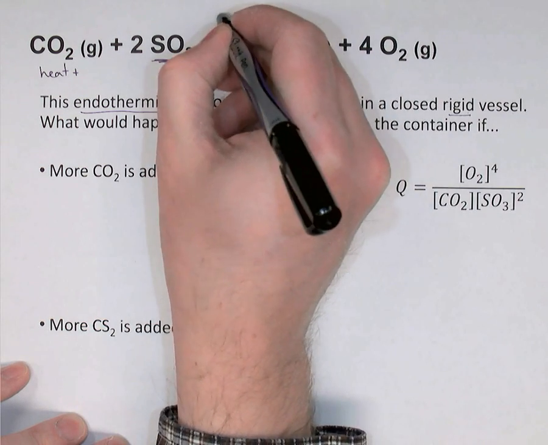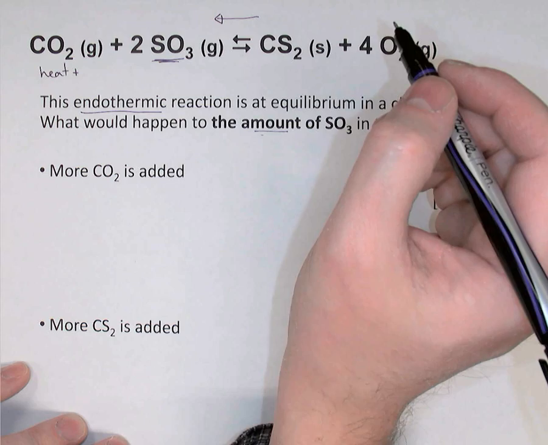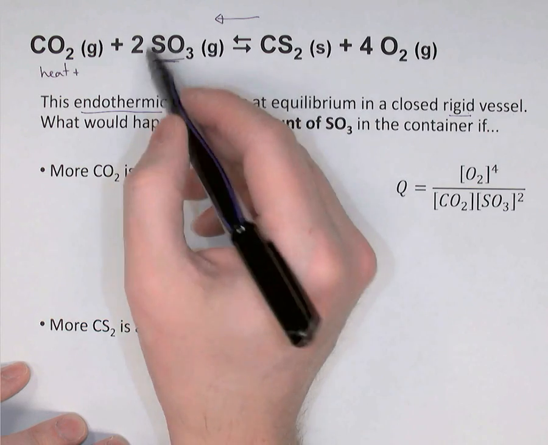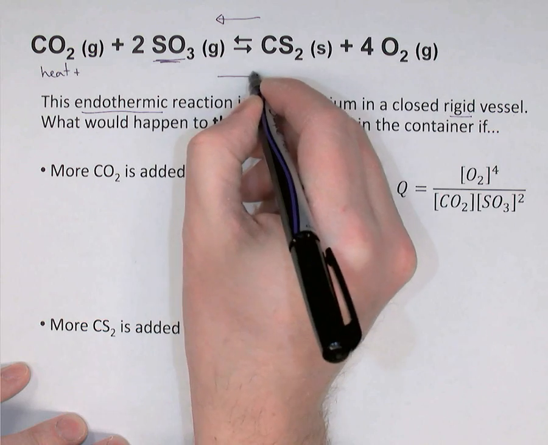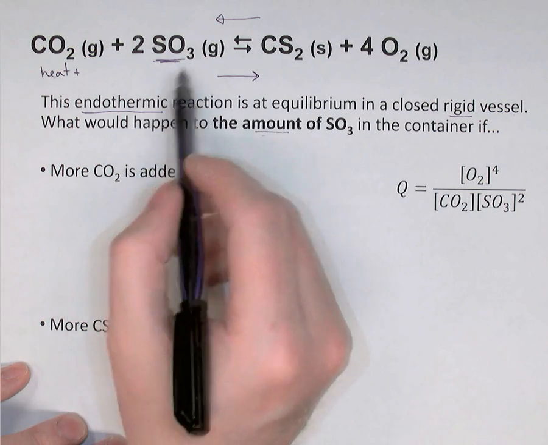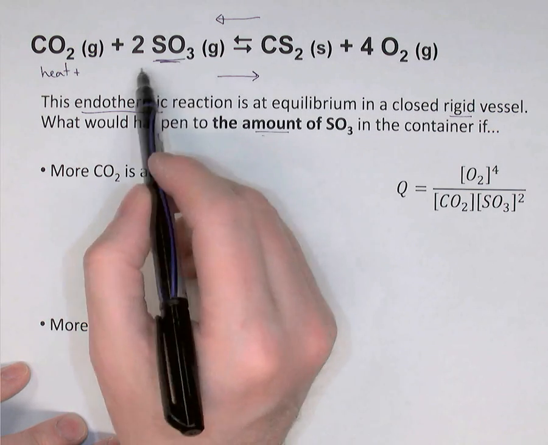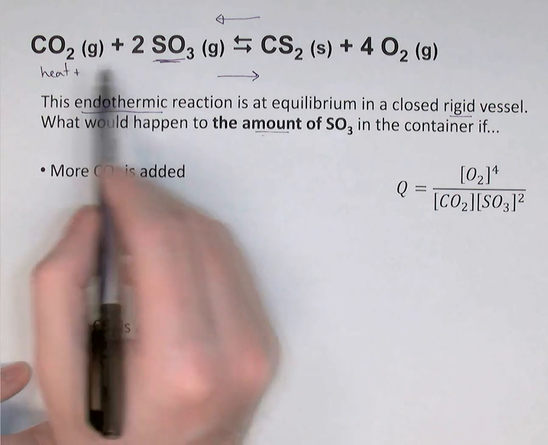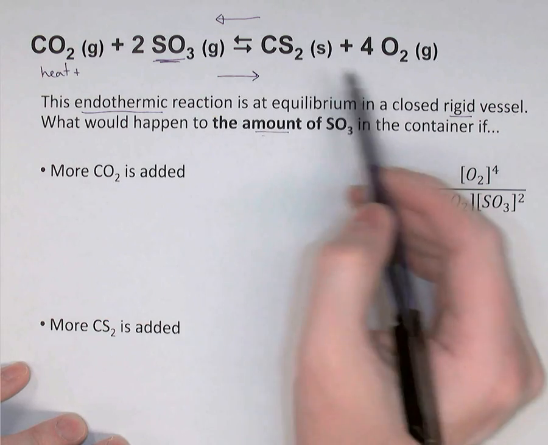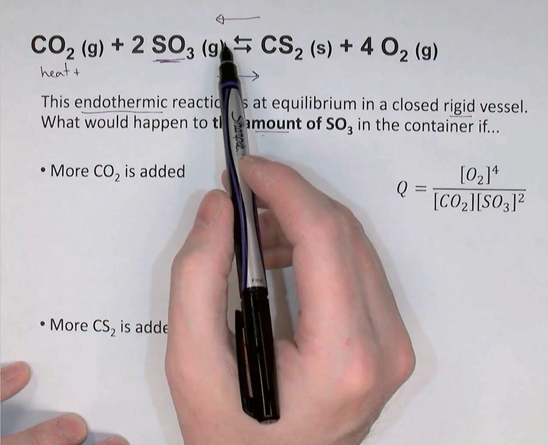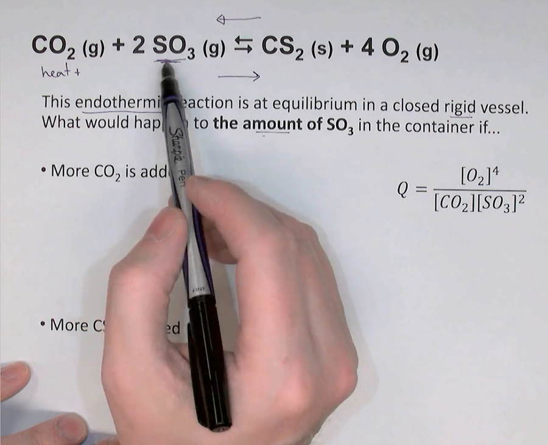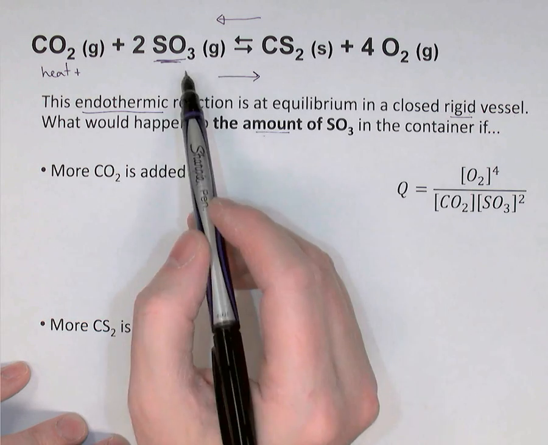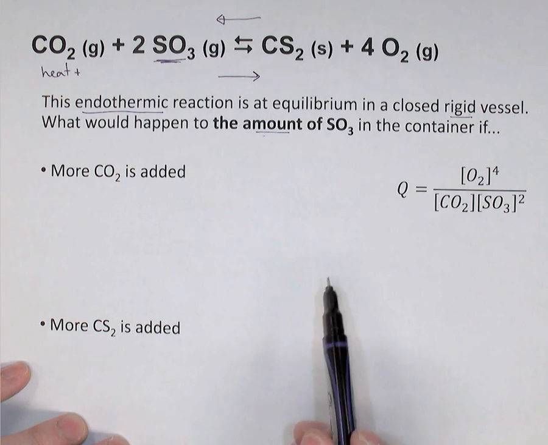Well, a reverse shift would cause an increase of SO3 because we'd be producing more SO3. On the other hand, a forward shift would use up some of the SO3. In a forward shift, the reactants get used up and the products get produced. So if this equilibrium shifts backwards, we're going to make more SO3. If it shifts forwards, we're going to end up with less SO3.